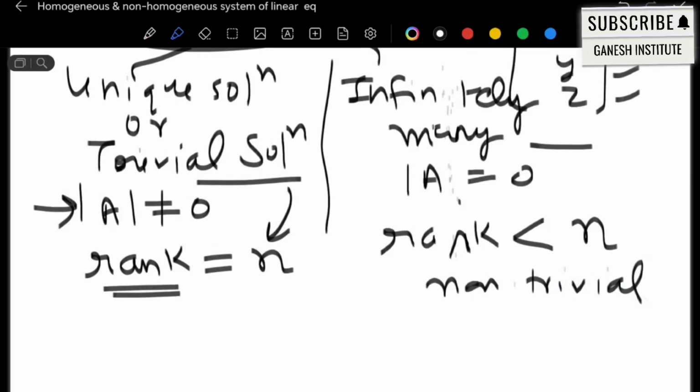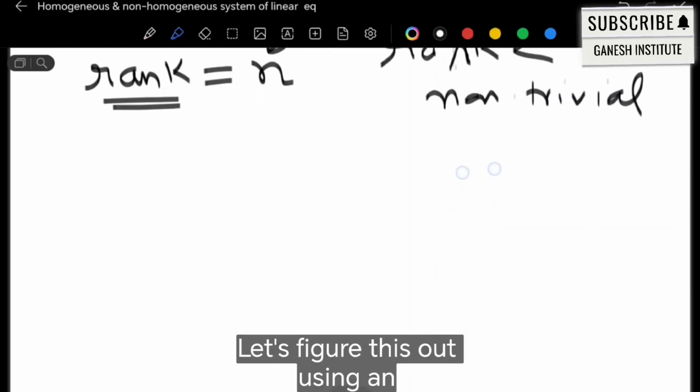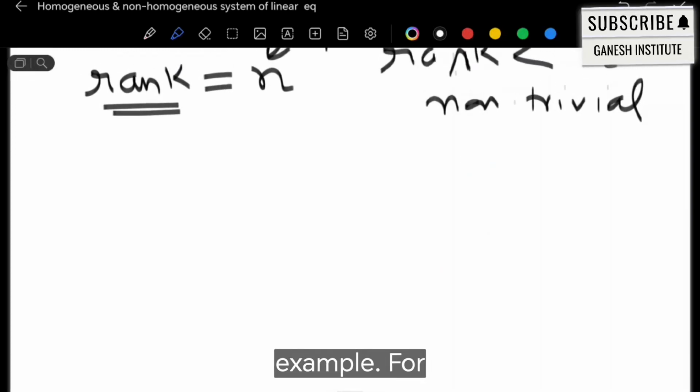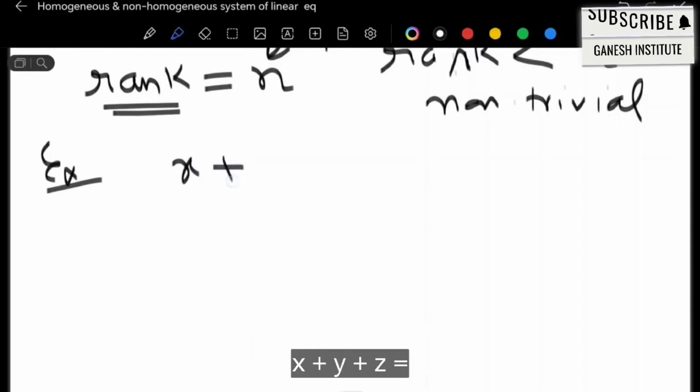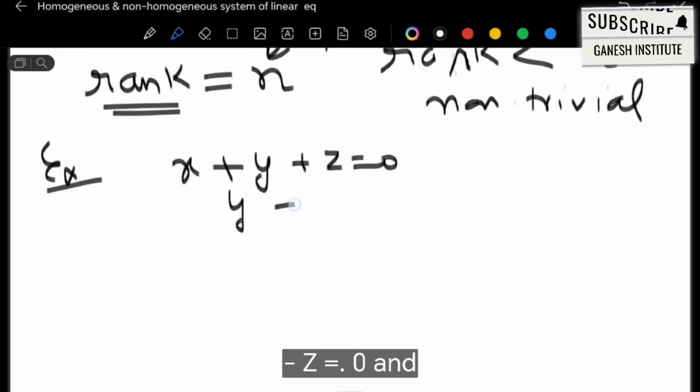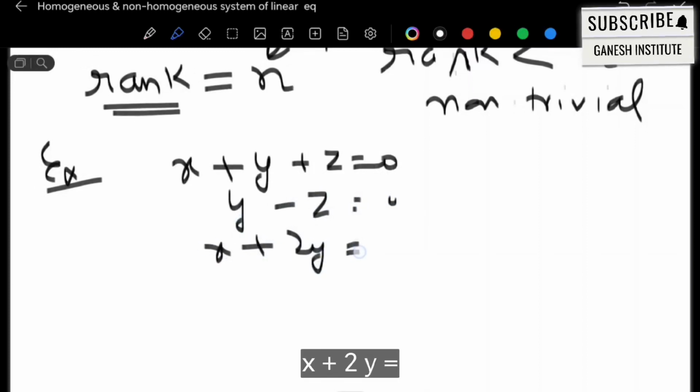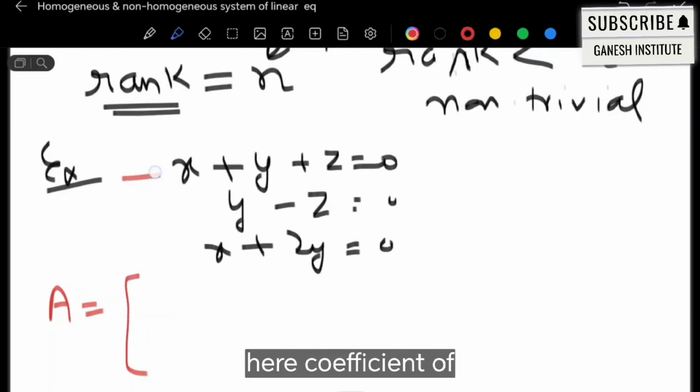Okay, let's figure this out using an example. The easiest example I'm taking: x + y + z = 0, y - z = 0, and x + 2y = 0. Can you tell me what the coefficient matrix is here? Coefficient of x is 1, coefficient of y is 1, coefficient of z is 1.